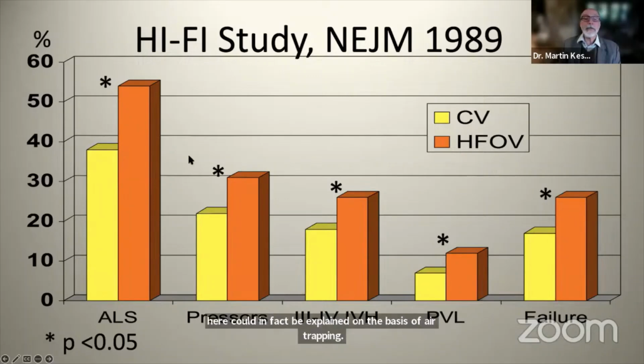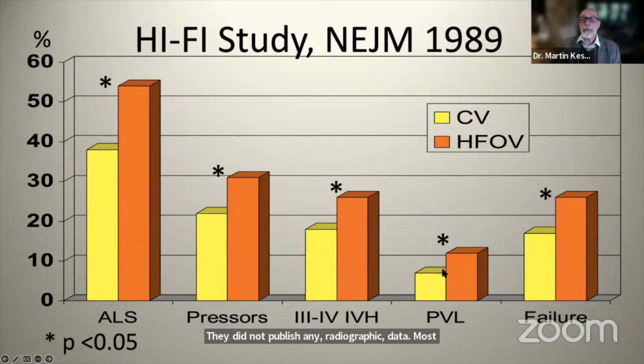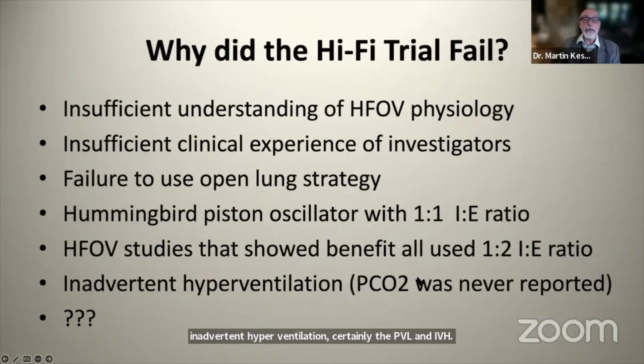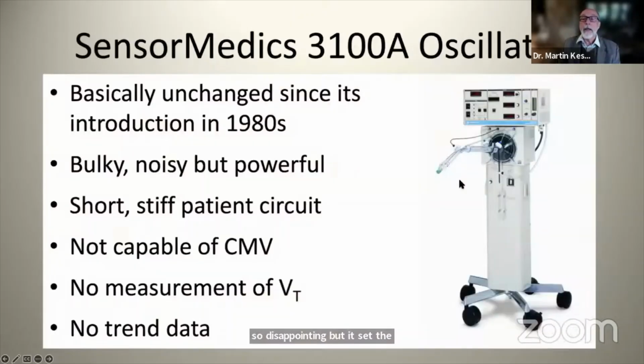They did not publish any radiographic data. Most of these could also be explained on the basis of inadvertent hyperventilation, certainly the PVL and IVH. And so we really don't know exactly why this trial was so disappointing, but it set the field back many years.